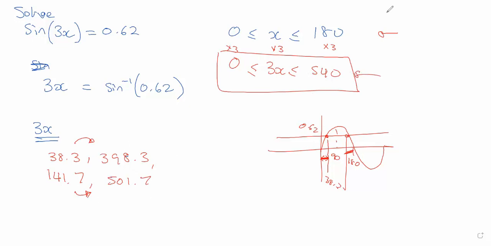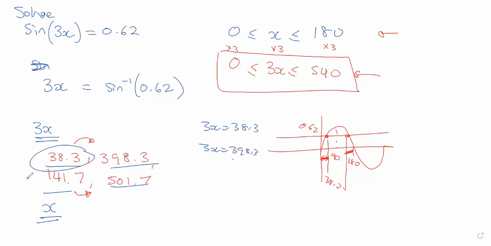Now it's easy, nice and simple. Just take every one of these four numbers and divide. Each one of these is almost like you're saying 3x equals 38.3, 3x equals 398.3, and so on. So every one of these numbers, just divide by 3, and you've got your answer. That is all there is.